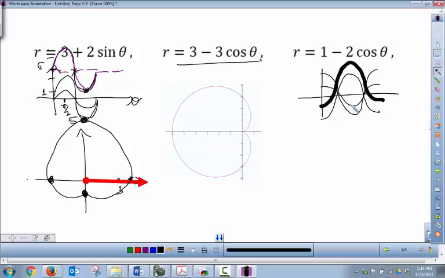So as you're drawing this, you're going to have a negative. So without having drawn it out on your calculators, what do you think this is going to look like? Say, kind of like a heart, goes sideways. Yeah?